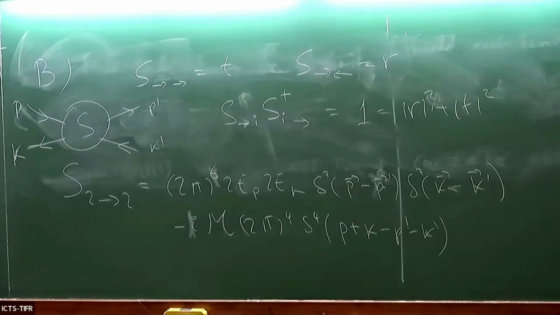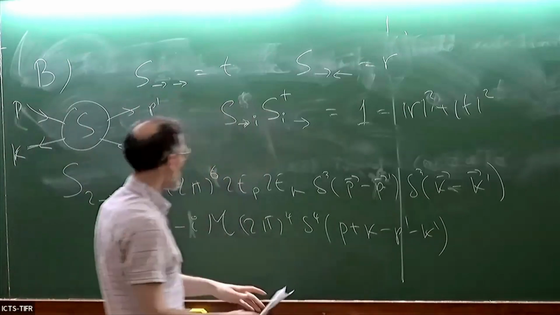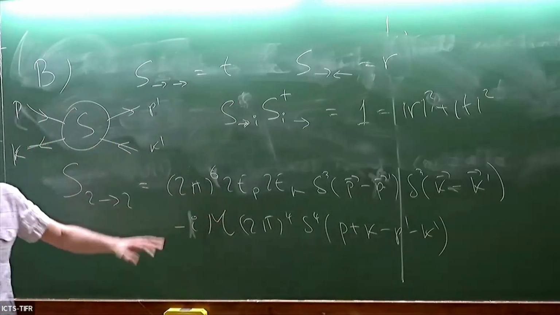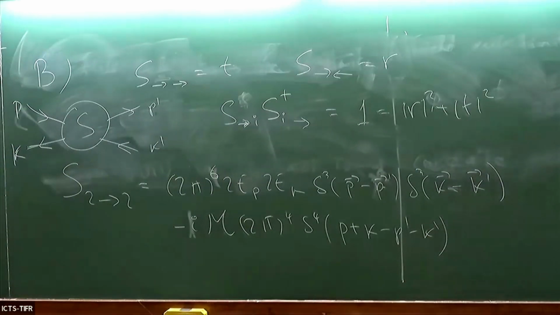Alrighty, so you can apply the same condition. S S dagger equals the identity. Now in this space, the identity is that funny combination of Dirac deltas. I'm going to write this schematically. It will look something like this.